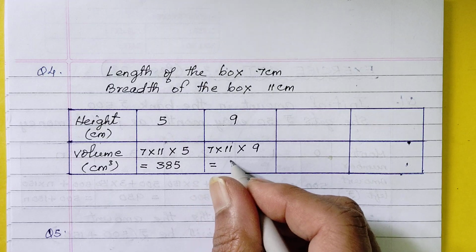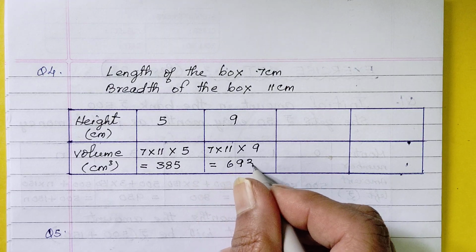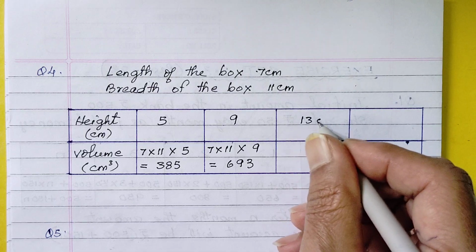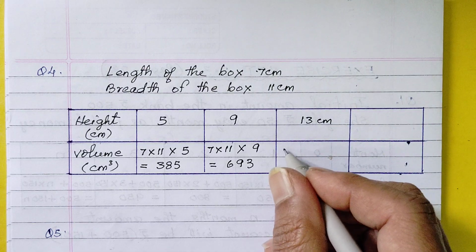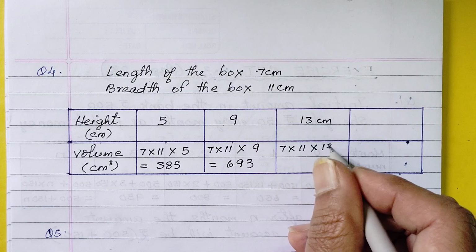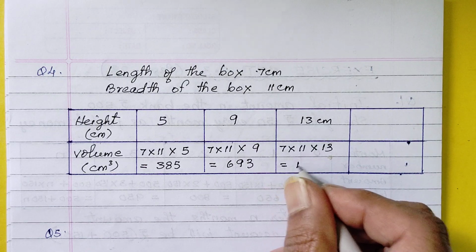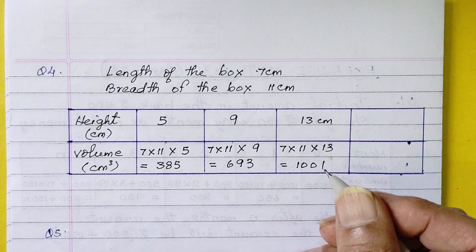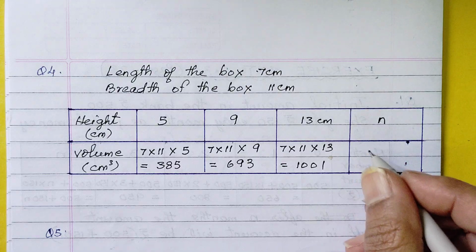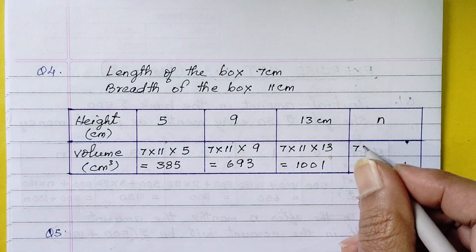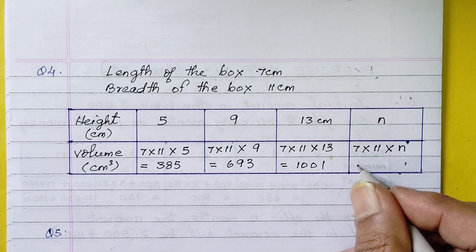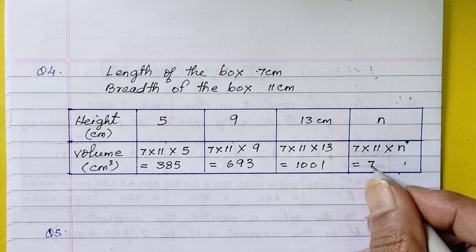That will be 693. When the height is 13 centimeters, the volume will be length into breadth into height, that's equal to 1001. When the height is n centimeters, then the volume will be 7 into 11 into n, that's equal to 77n.